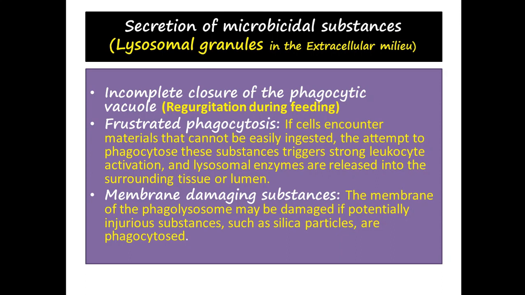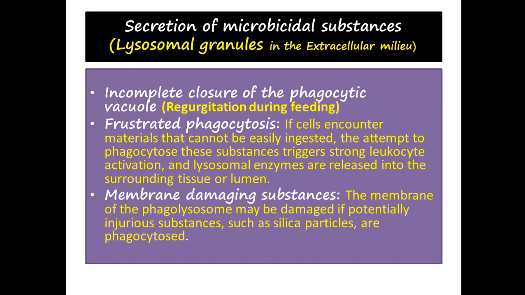And there are certain circumstances. One is known as the regurgitation during feeding. By that we mean that when the cells rupture, these lysosomal enzymes are released and potentially they can damage the healthy tissue. And the other circumstance in which the pathological part of the inflammation comes into discussion is the frustrated phagocytosis.